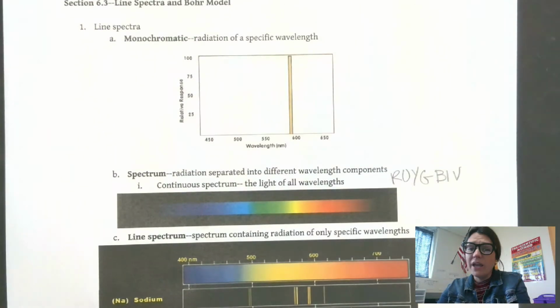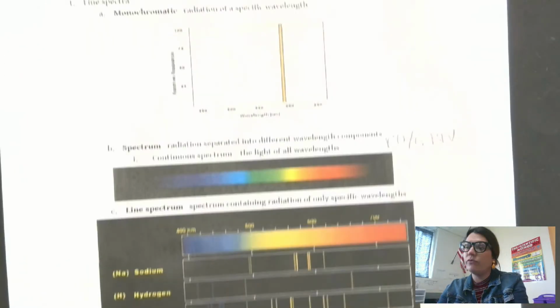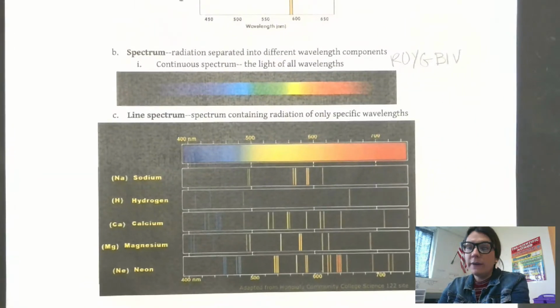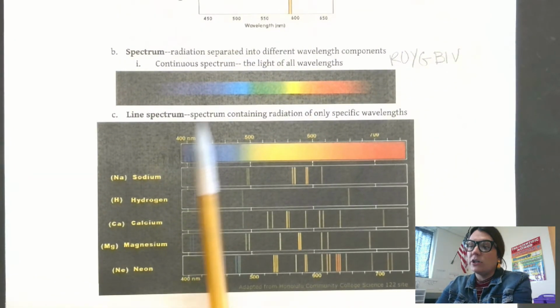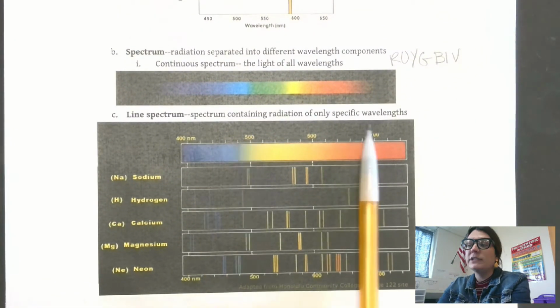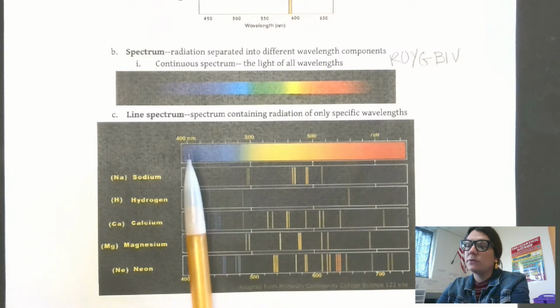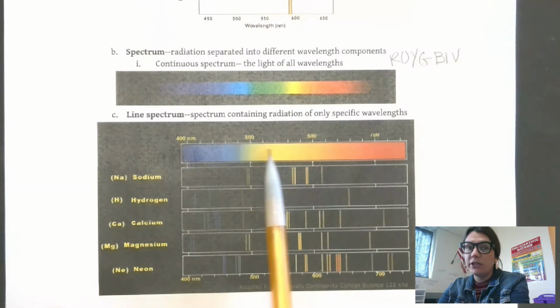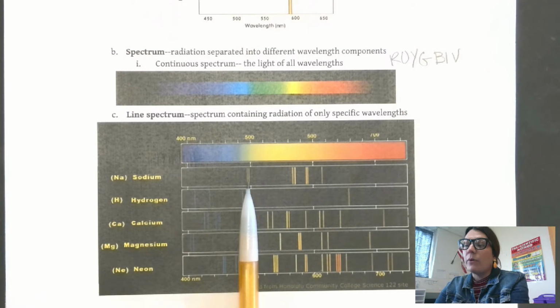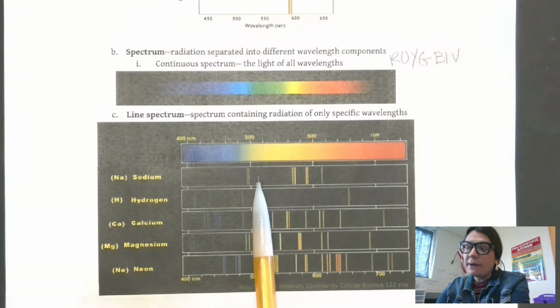Now, a line spectrum can be used to identify different elements based off of the colors that they give off. So for example, if we look here, a line spectrum is a spectrum containing radiation of only specific wavelengths. Okay, so this would be a continuous spectrum. But we can also look here that sodium has only certain wavelengths on that spectrum.